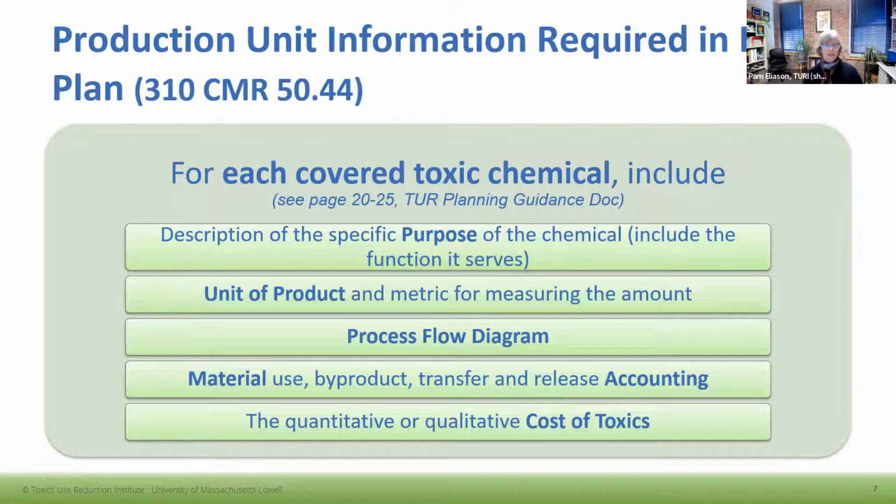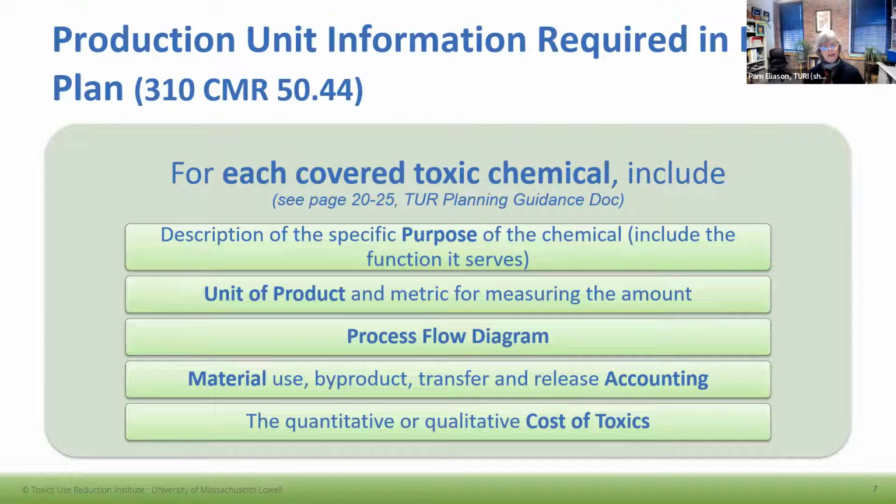And we're going to spend quite a bit of time looking at a variety of process flow diagrams and talking about what needs to be there, and how do you make the decision to create a flow diagram that looks the way it does. Other aspects of process characterization at the production unit level include material accounting, and this includes both use, byproduct, transfer, and release of your covered toxics throughout your facility, throughout your production unit.